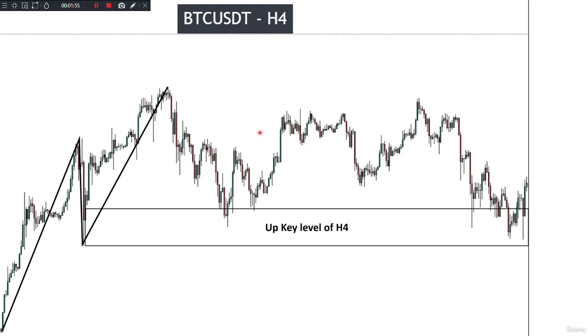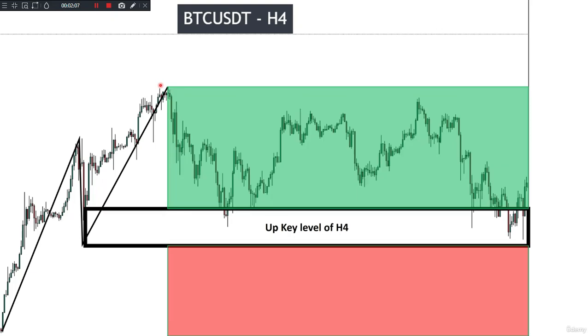The first question is the chain of the markets, which we can already understand carefully. Here is the uptrend because the market creates a high and low like this. At this time, I would like to separate two places on the chart. The green zone is above the up key level on the 4-hour time frame, and the red zone is below the up key level.